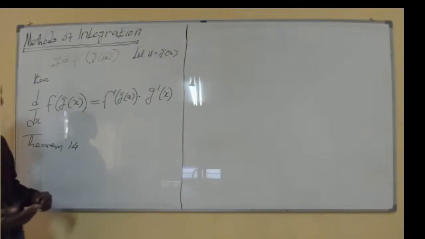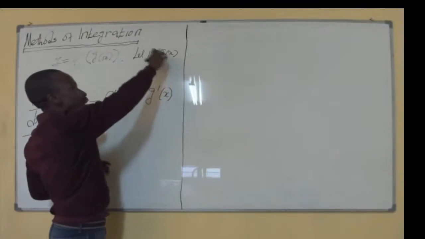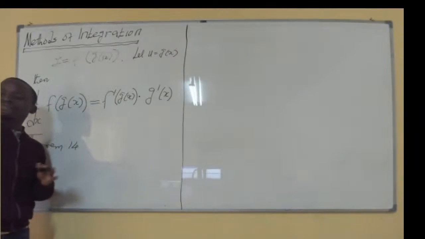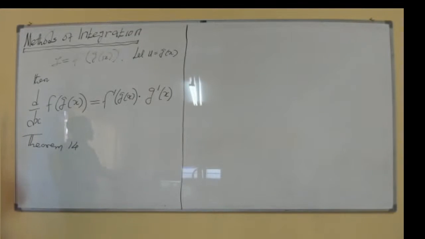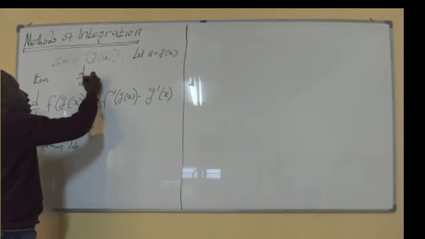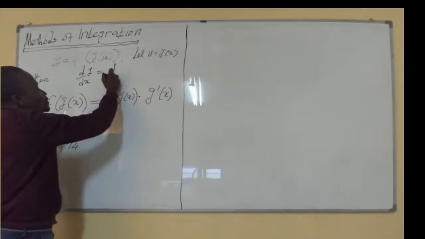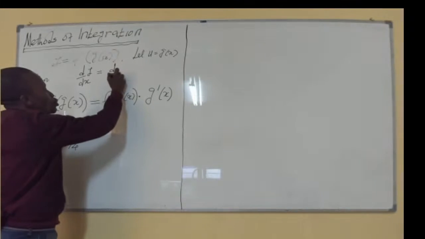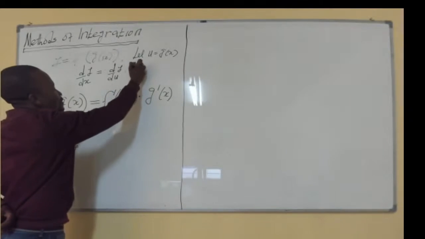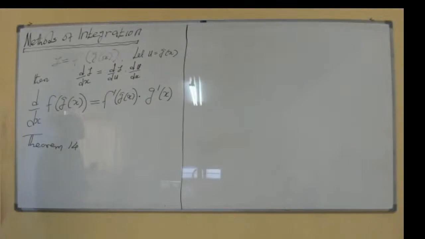You frequently make this assumption to say let u be equal to g of x, and then from there you start finding the derivative, where the derivative with respect to x of the function y was equal to the derivative with respect to u of y times the derivative of u with respect to x. This is what you are frequently doing.